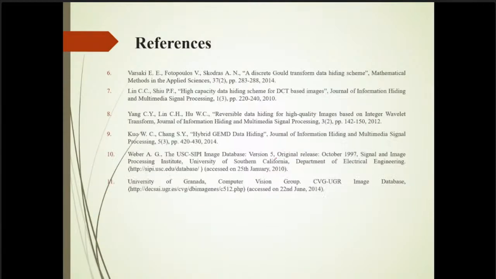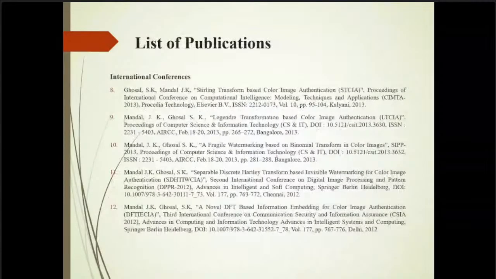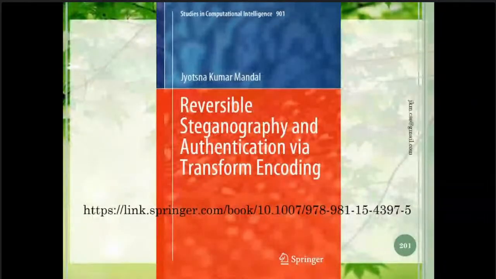These are some of the references, these are some of the publications. This is the book published, and this is the URL of the book. You can see that here we have 16 chapters. Even here we have used the chaos theory.